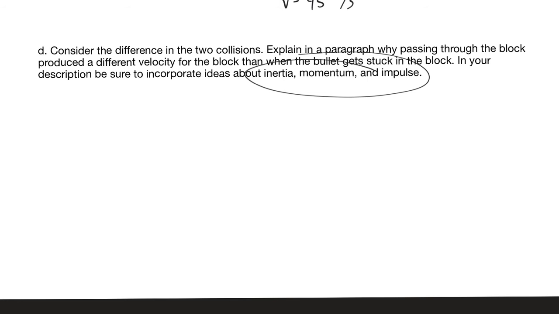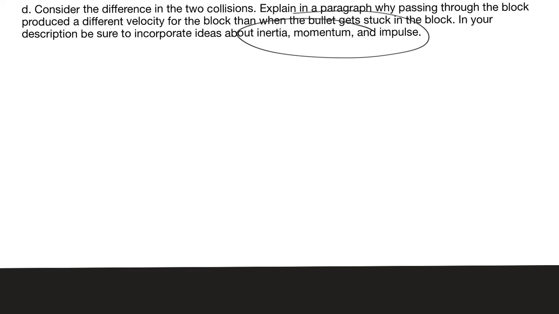So it says, consider the difference in the two collisions explained in the paragraph. Passing through the block produces a different velocity for the block than when the bullet gets stuck in the block. The first thing I think you should talk about here is impulse of the bullet. I think that's something that is clear. The impulse of the bullet is greater when it is stuck in the block than when it passes through. It had a greater change in velocity and therefore a greater change in momentum.